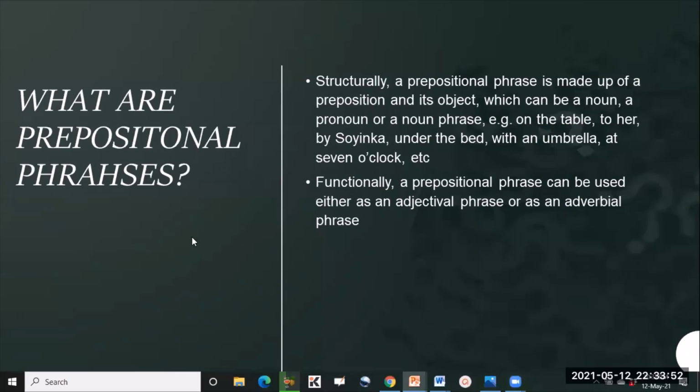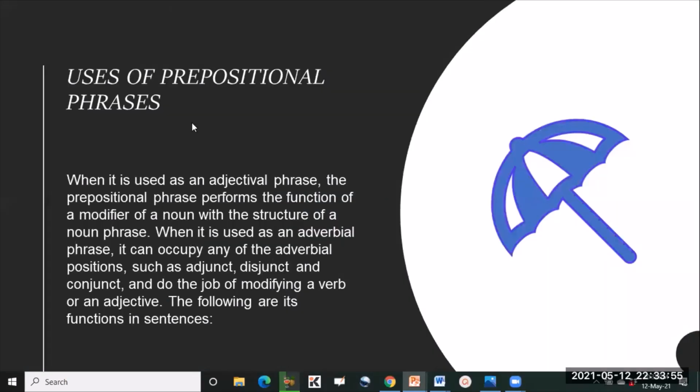Okay, let's get to the next uses of prepositional phrases. Now, when it is used as an adjective phrase, the prepositional phrase performs the function of a modifier.